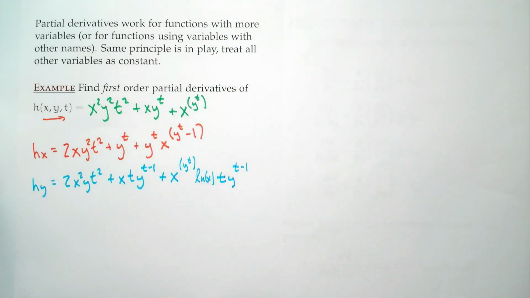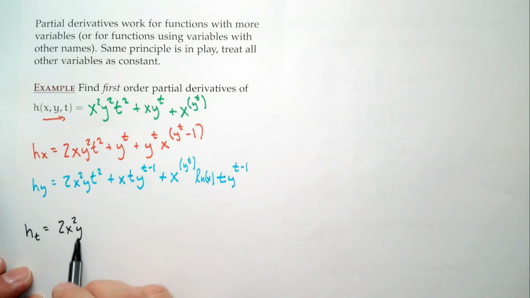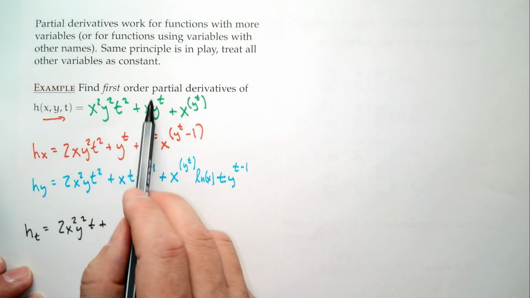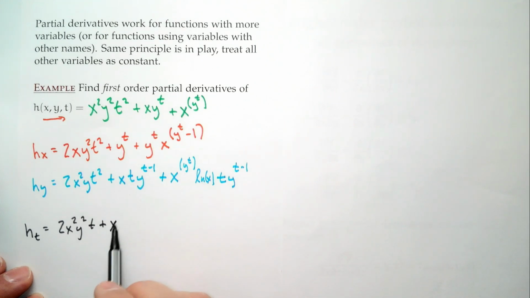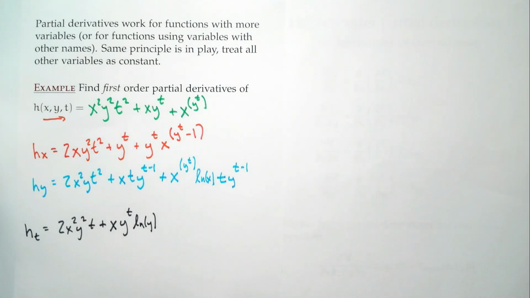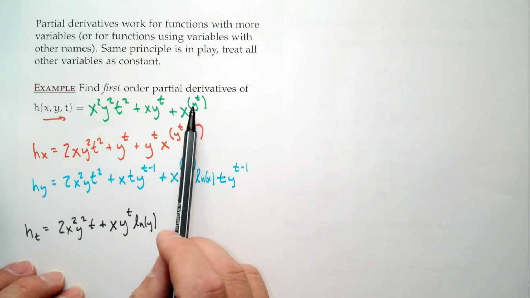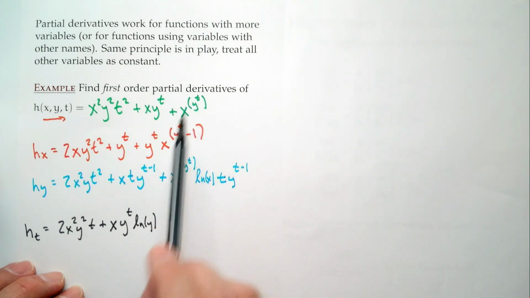All right, well, our last one, h sub t. First part, well, 2x squared y squared t. Plus, coming to our next term, well, the t only shows up here in the exponent, so it's going to be x, that's the constant, times the derivative of y to the t, well, that's y to the t times natural log of y. The last part, well, it's a chain rule, because t is inside this y to the t, which itself is inside x to the something.